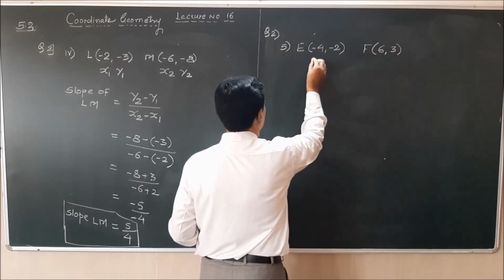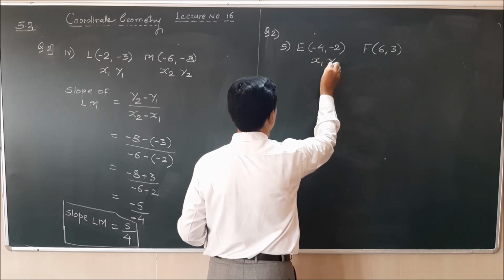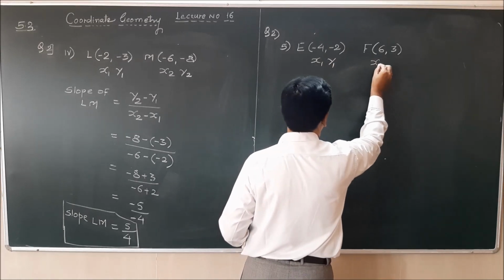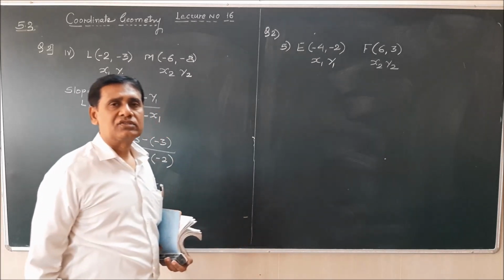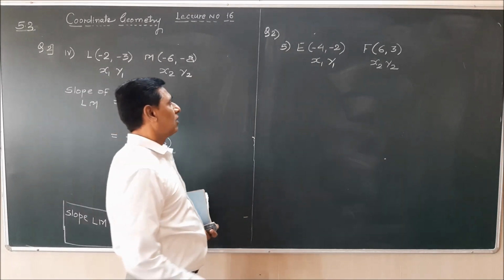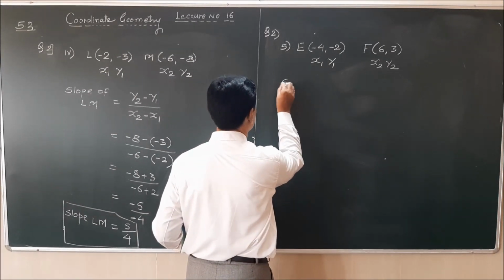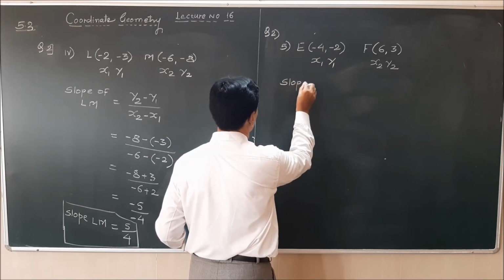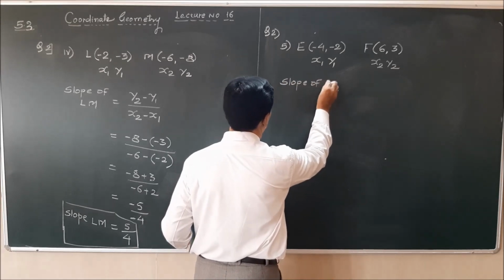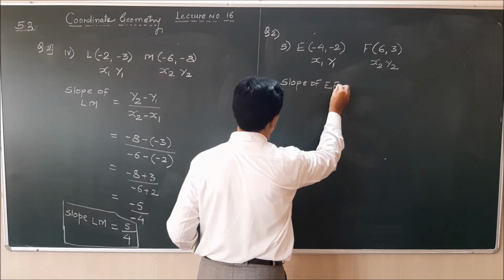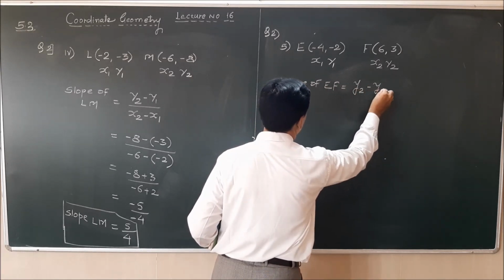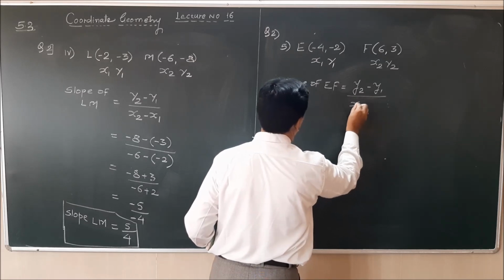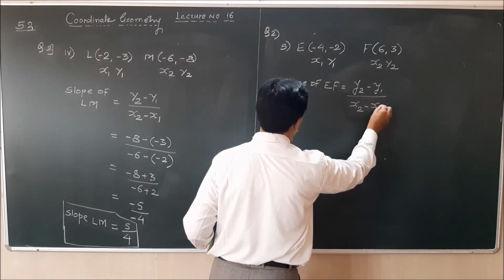In the same way, label the coordinates of E as x1, y1, while the coordinates of F as x2, y2. Now the slope of EF is equal to y2 minus y1 upon x2 minus x1.